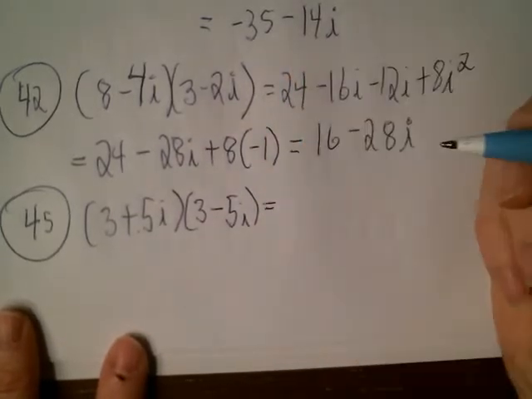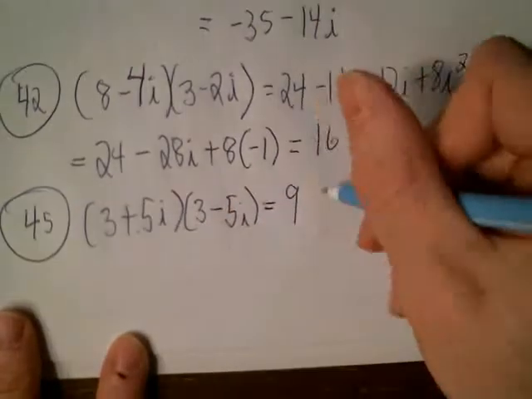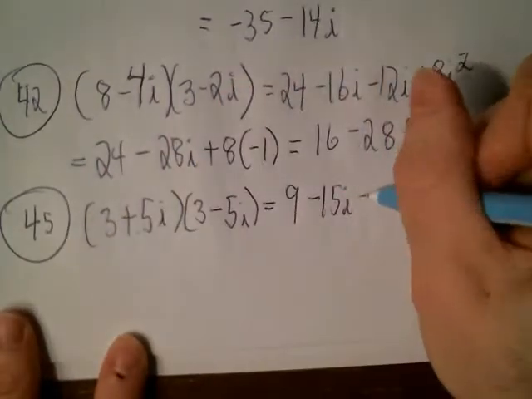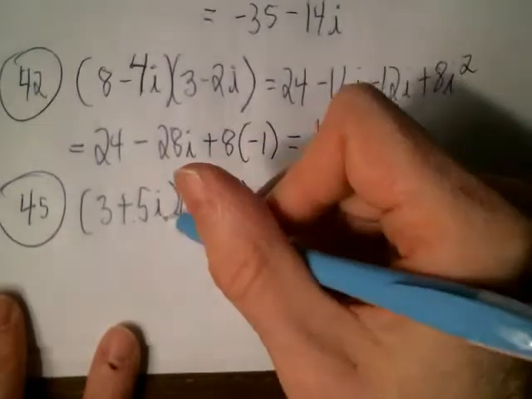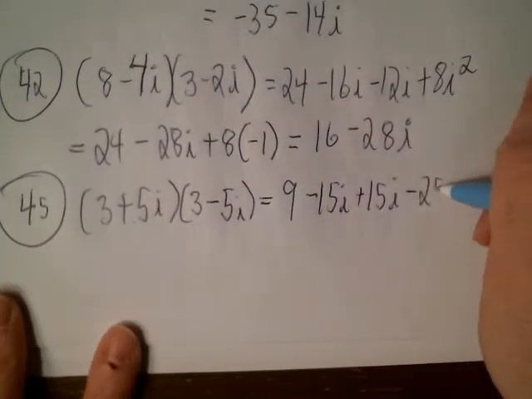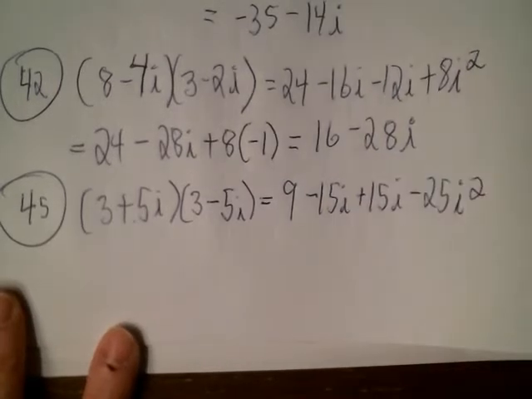So in this case, I'll have 3 times 3 is 9, and then the outer minus 15i, and then the inner plus 15i, and then the last plus 5i minus 5i is minus 25. i times i is, again, i squared.